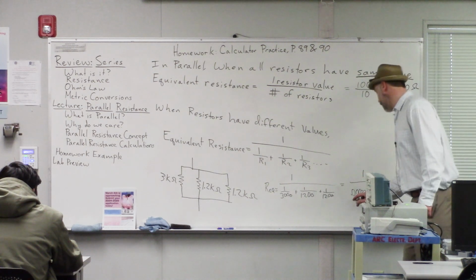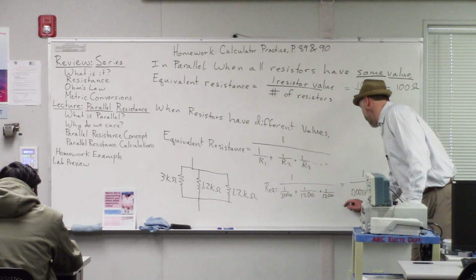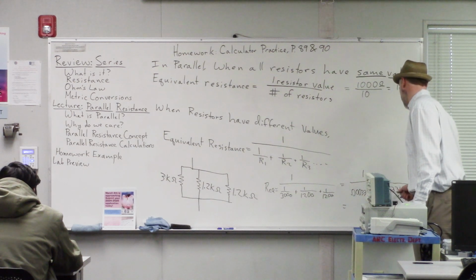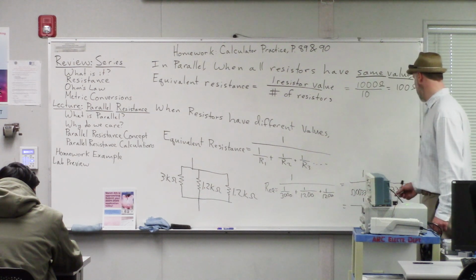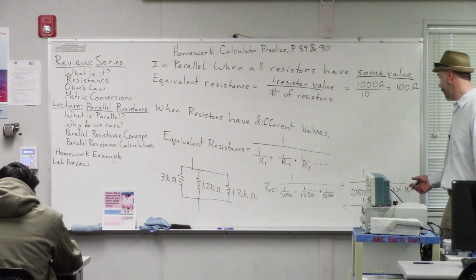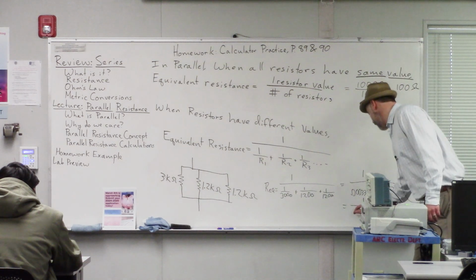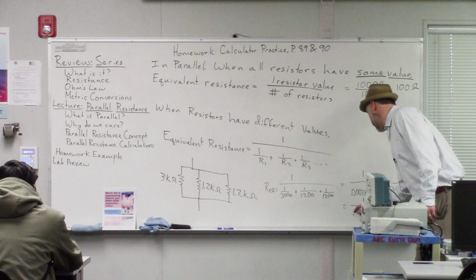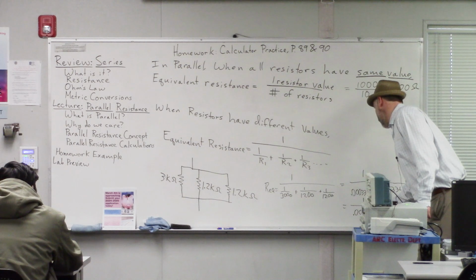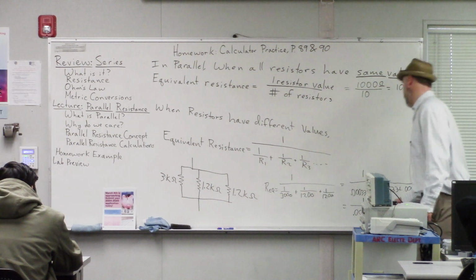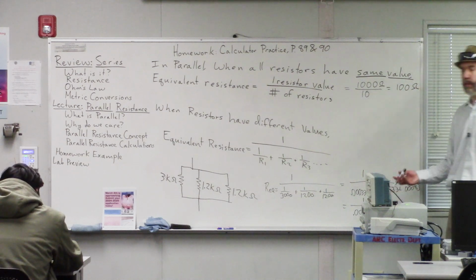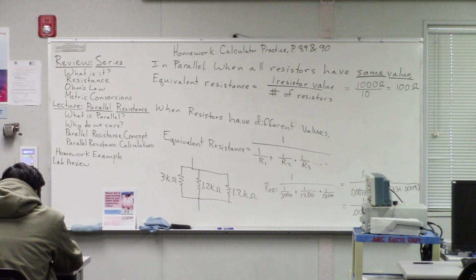So if I add these decimal numbers together, what do I get? 0.0019. So, yeah, essentially 0.002, right? Okay.